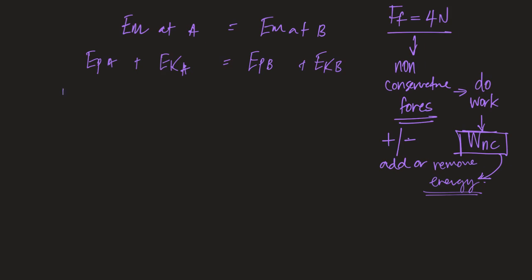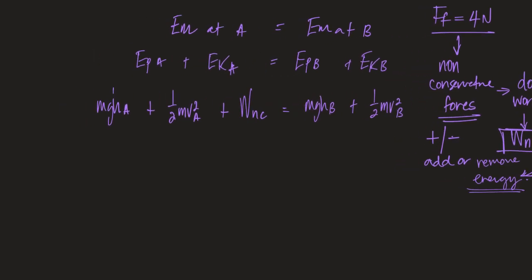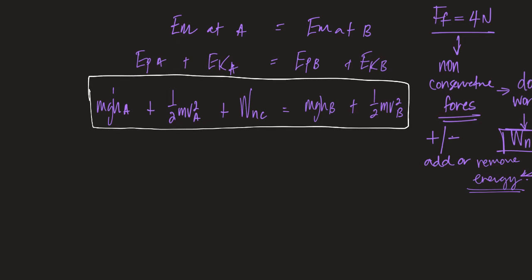So now I've got mgh at point A plus half mv squared at point A plus work done by non-conservative forces is equal to mghb plus half mv squared at point B. That is the formula here. If you look at previous videos, I said how we derive the formula for non-conservative forces is that we compensate for the work being done by a frictional force.